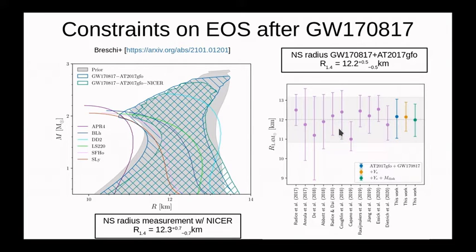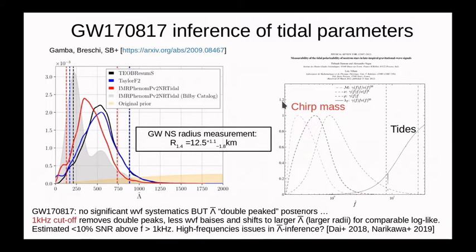And this somehow suggests that these analyses are still prior dominated, not in the sense that they're not informative, but in the sense that the observation does not allow yet very precise measurement. So what I want to talk about is what goes into this analysis from a numerical relativity and gravitational wave modeling perspective. So let's start first of all from the gravitational wave.